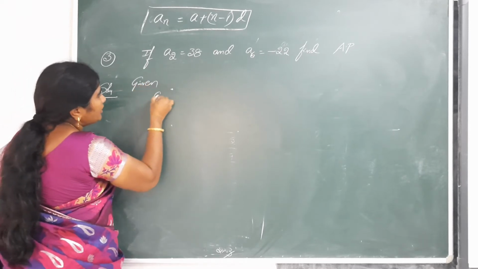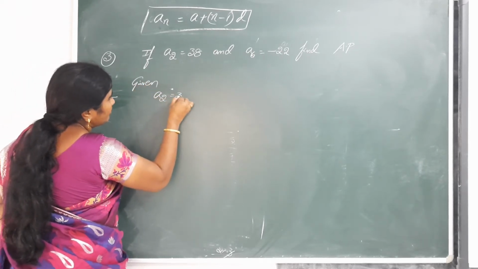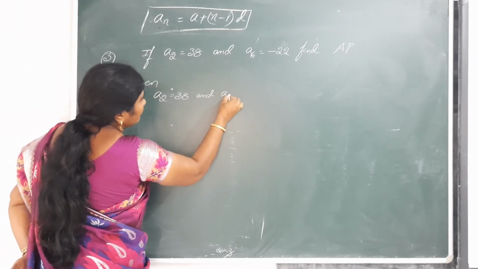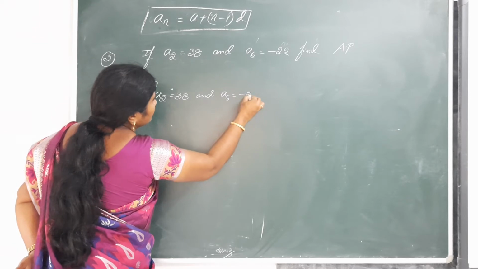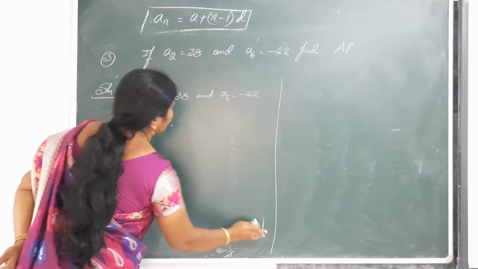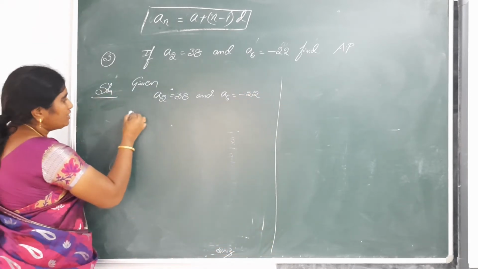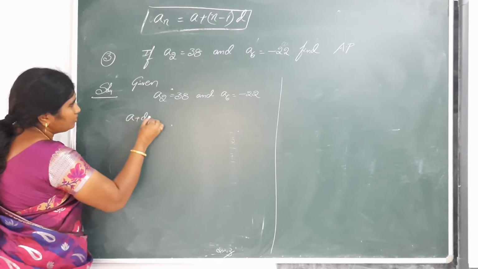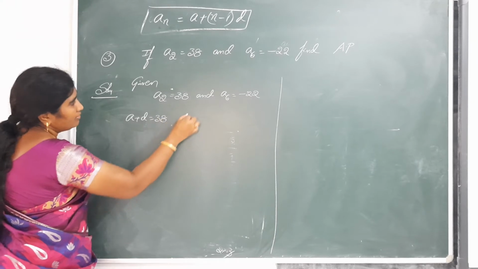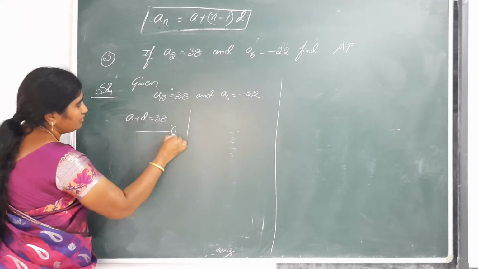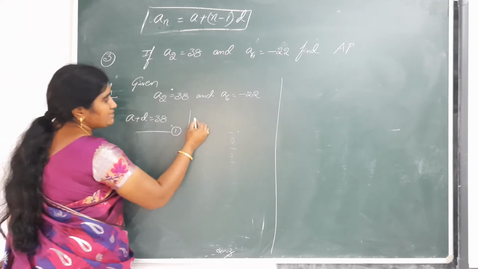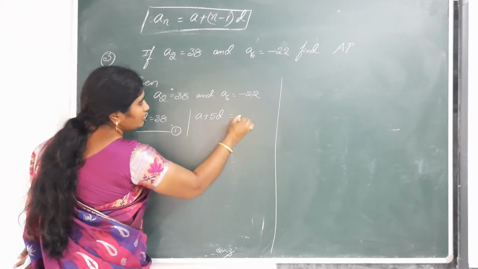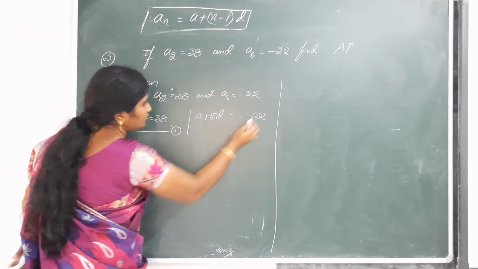Given A2 equal to 38 and A6 equal to minus 22. A2 relation: A2 equal to A plus D equal to 38. This is equation 1. Next, A6 can be written as A plus 5D equal to minus 22.